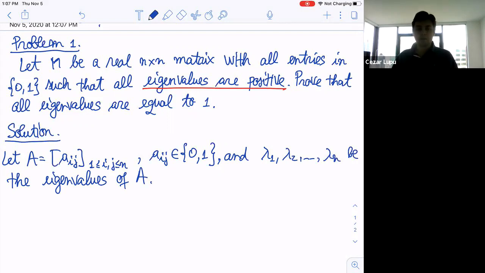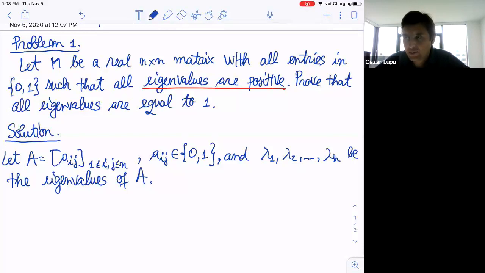So now, there is a way for you to relate the eigenvalues and the sum of some entries of a matrix. Do you know there is a way?